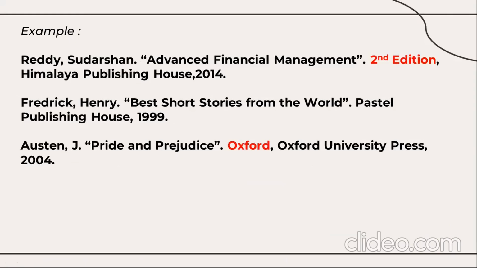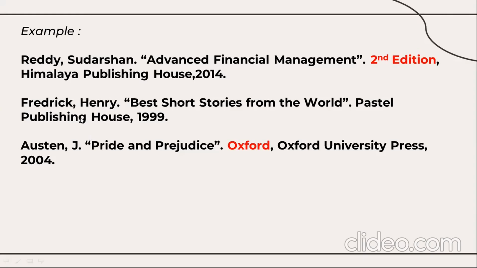Now the next, we have few more examples. Similarly, one more example we have, there's a book, Best Short Stories from the World. It's written by Henry Frederick, published by Pastel Publishing House in the year 1999. So how to give the information in the MLA format? Here the last name is Frederick, first name is Henry.